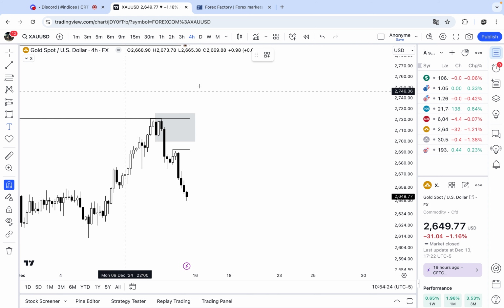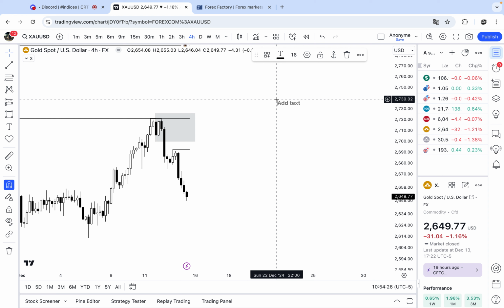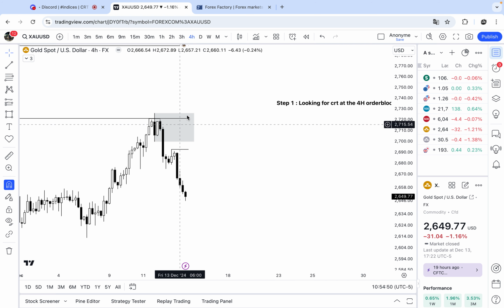All right. So step 1 is looking for CRT at the order block, the 4-hour order block, which is this one.